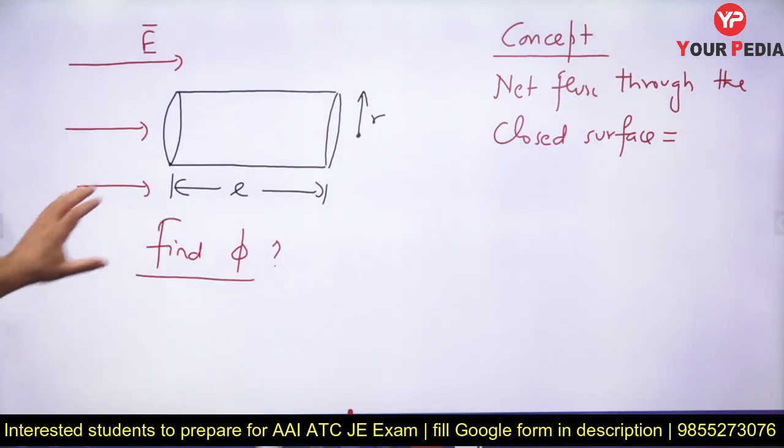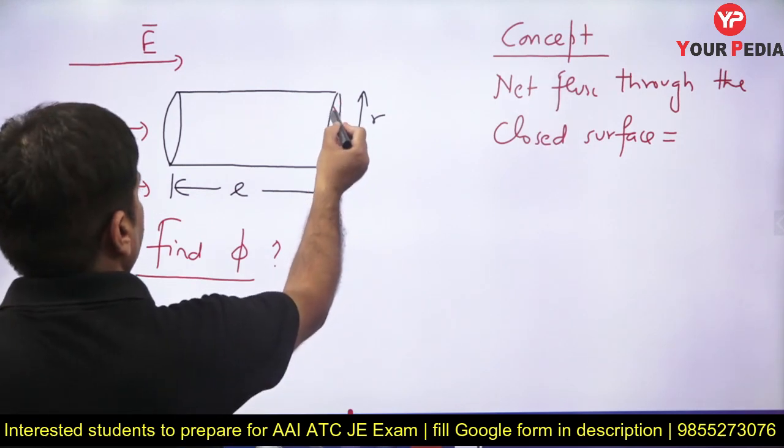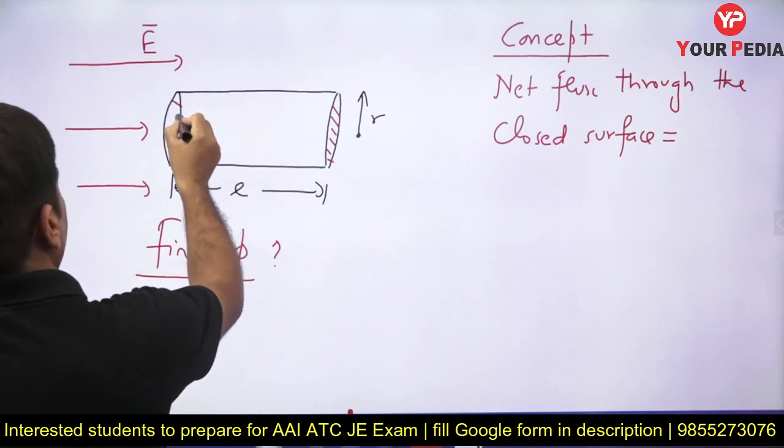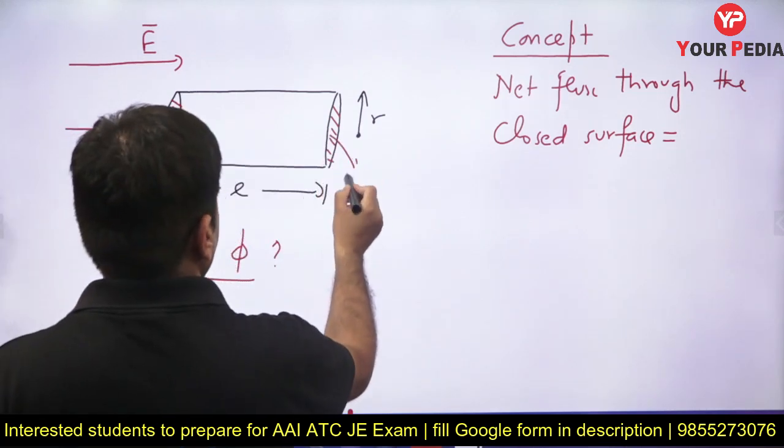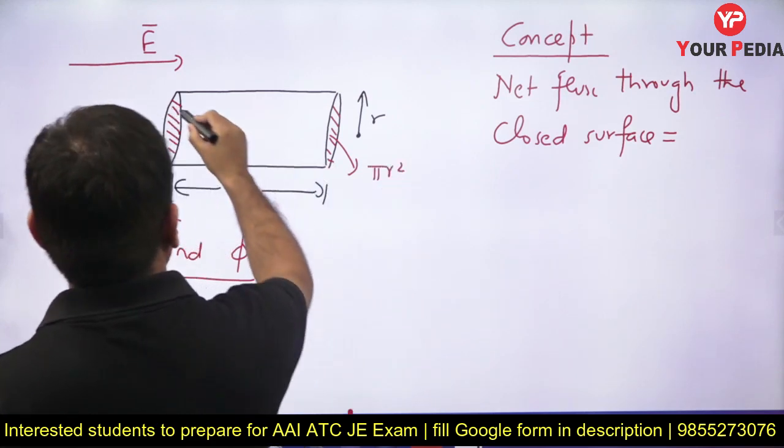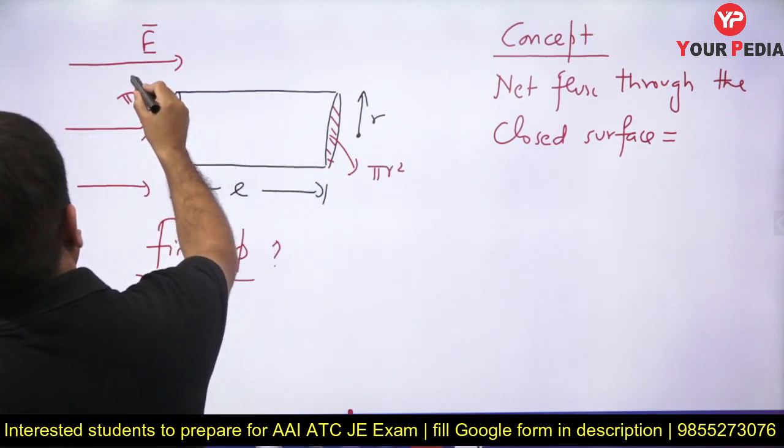Can you give me some idea about what will be the electric flux in this now? Any idea about what is the electric flux through this? Okay, this is one area, this is another area, right? So what is this area? This is pi r square. What is this area? This is also pi r square, right?